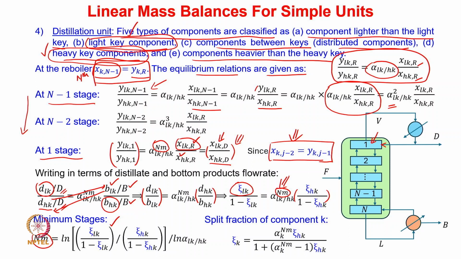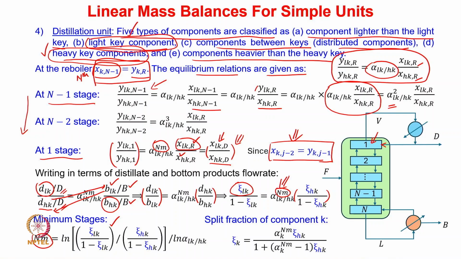So this Fenske equation is going to find out the minimum number of stages required in the distillation column when we are assuming the equilibrium relationship. Okay, so again this particular equation which we have obtained here, we can further rearrange to calculate the split fraction of other components.